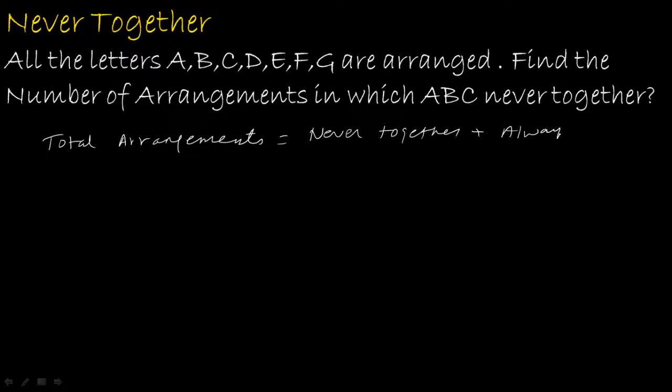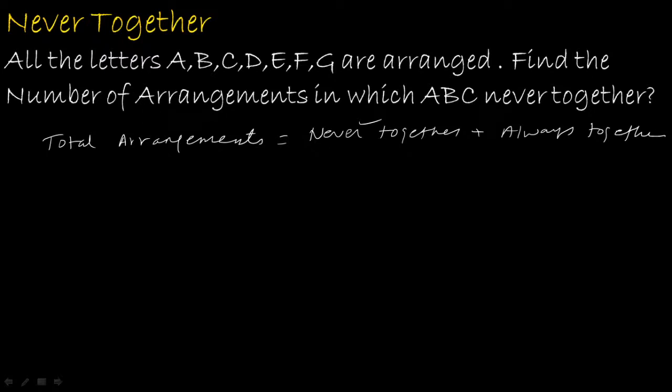This is what you know, isn't it? The total number of arrangements consists of all, that is never together and always together, everything it has. But here we need never together, either for some group of words or some vowels or consonants, whatever that may be.